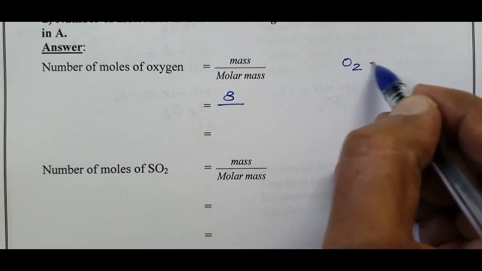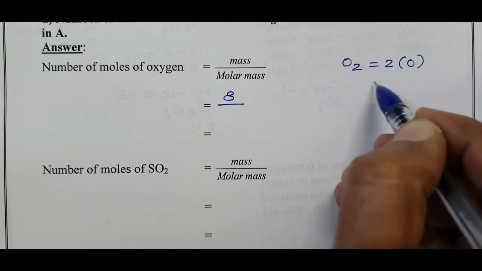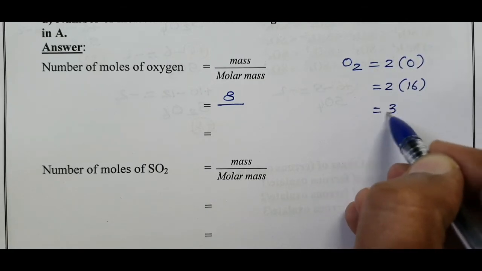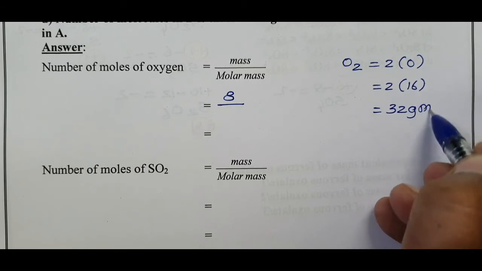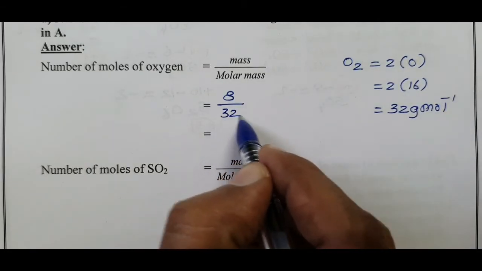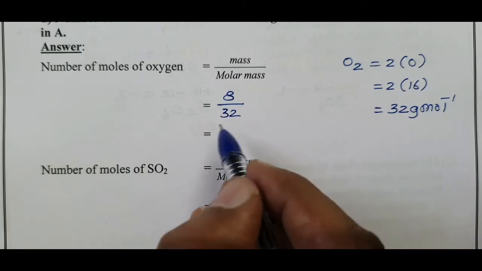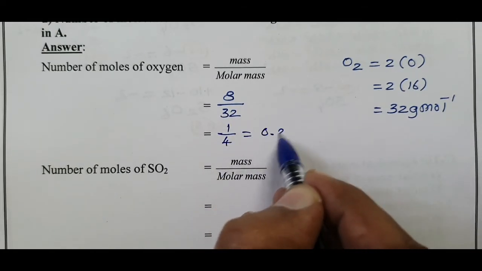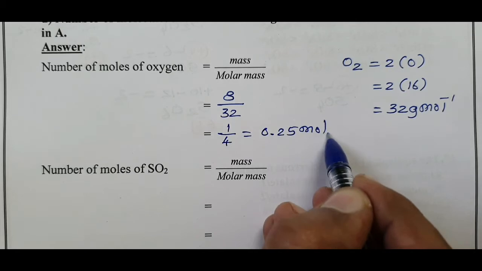The oxygen molecular formula is O2, which contains 2 oxygen atoms, 2 into atomic mass of oxygen 16, that is equal to 32 gram mole power minus 1. So here 32: 1 8 is 8, 4 8s are 32. 1 by 4 equals 0.25 mole.